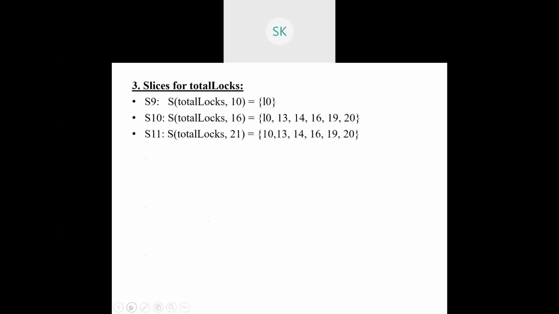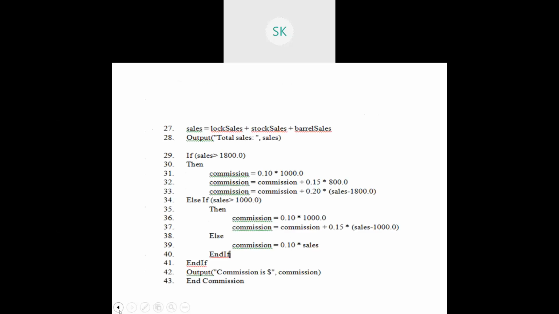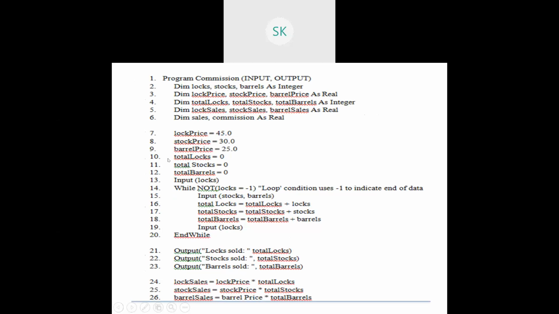The slices will be that. Whereas for total logs, the assignment is happening with respect to the 10th node. Next, the 16th node you're using as well as redefining it. So the definition, the assignment definition, is there, followed by the computational use also. So you can include this: 16, followed by the next one, 21.